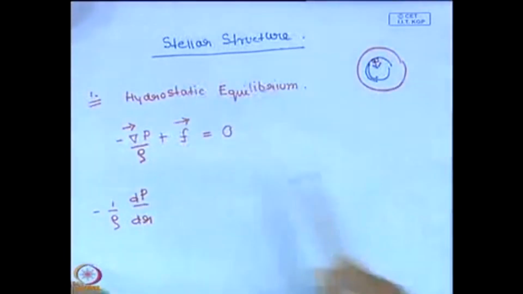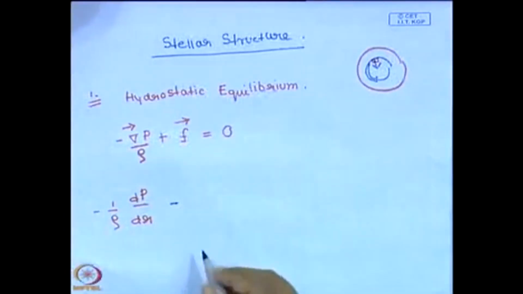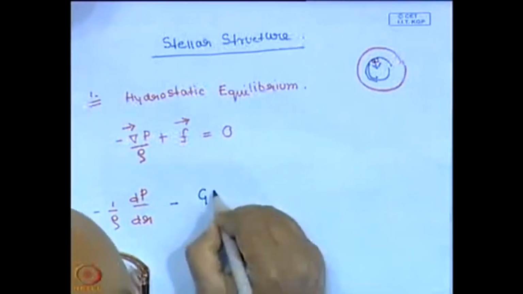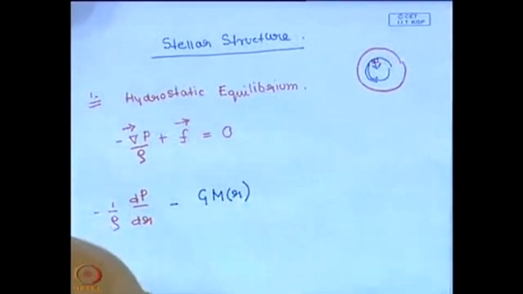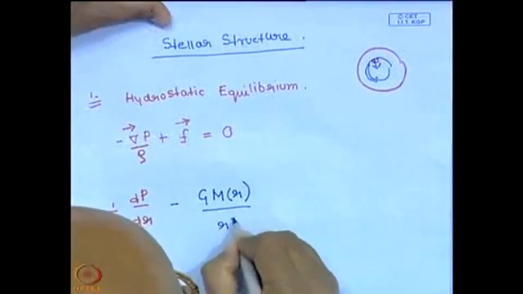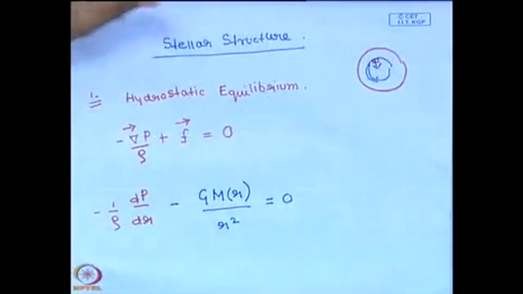So, the gravitational acceleration is minus G m(r) by r square.